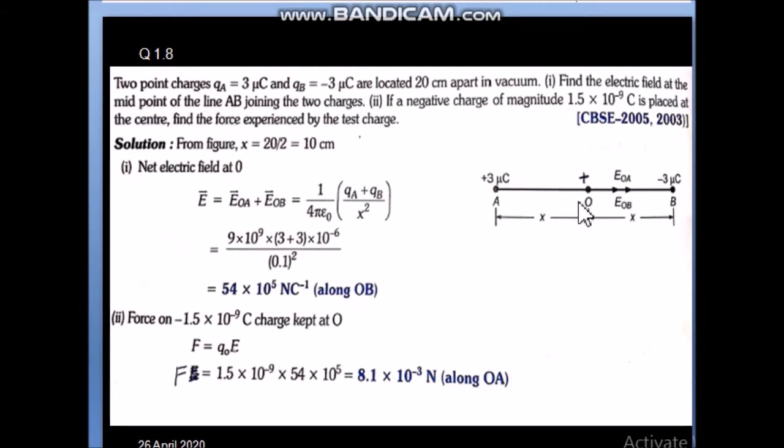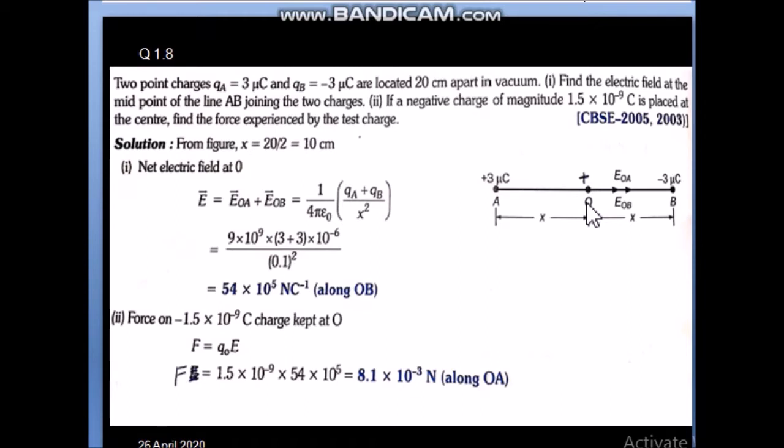So let us mark the midpoint as O. So AO distance x, OB distance also x. So x is actually half, that means 10 centimeter. We will be using it in meter, so 0.1 meter. Now we have to find the net electric field at point O. So first of all, here we will find the individual electric fields.